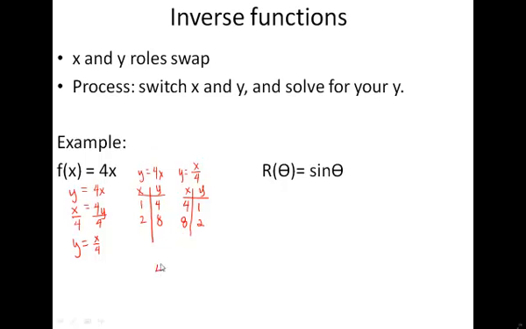Just like if you had something like 4x equals 8, you know that you can use division to solve for this unknown, and there's a very specific unknown that goes with it to make it true. Same thing over here. When we look at this, let's say y equals sine of x.